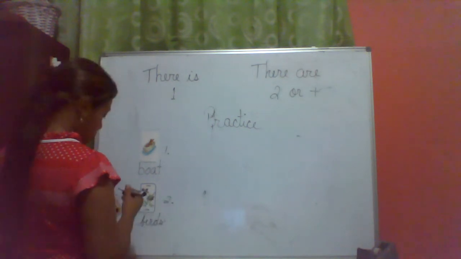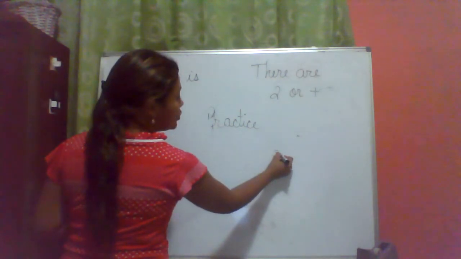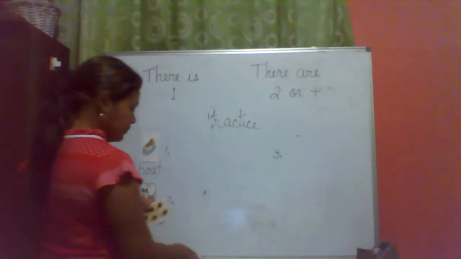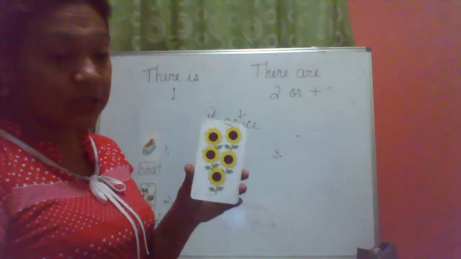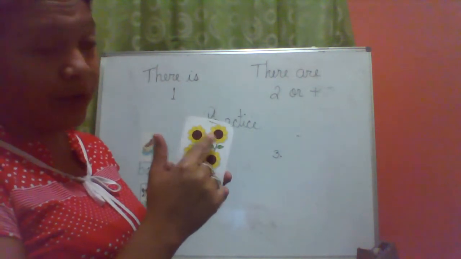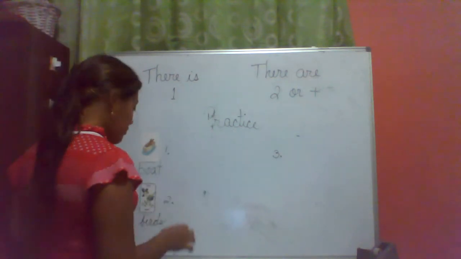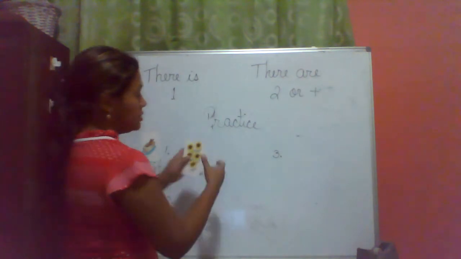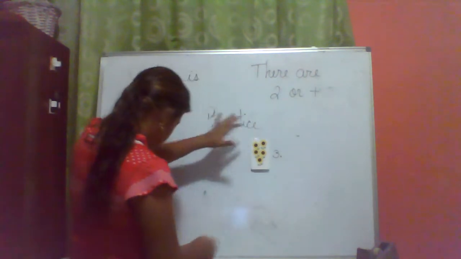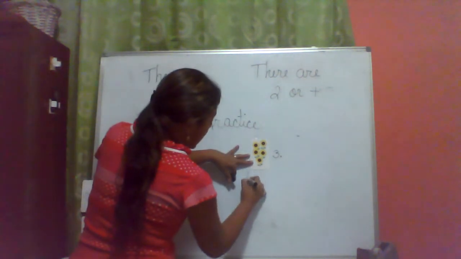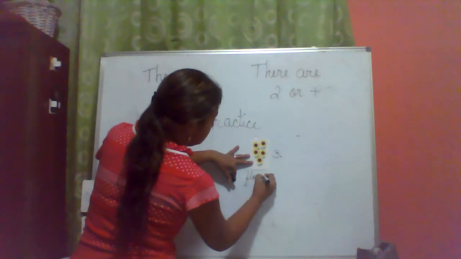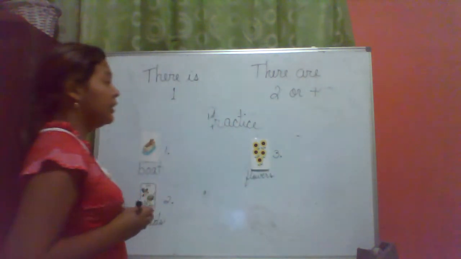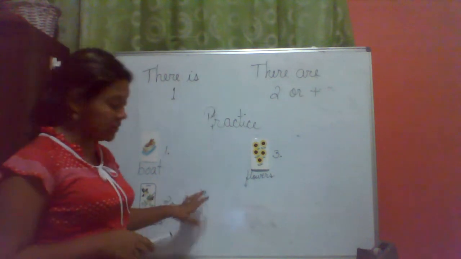This is number 2. And here I'm going to put the number 3. Flowers. 1, 2, 3, 4, and 5. Remember, 5 flowers. Okay, this is your activity to practice at home. Okay, this is your practice.